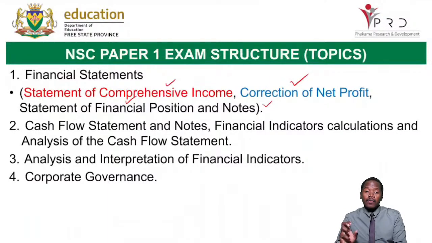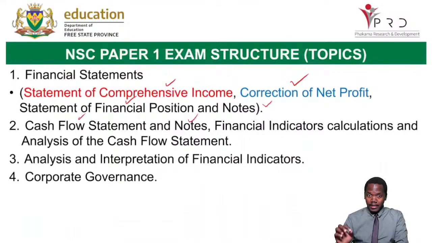Remember, the note for these statements may also be there in the question 2. Right, another topic we expect to see is the cash flow statement and the note for the cash flow statement, as well as the notes for the statement of comprehensive income and the statement of financial position.